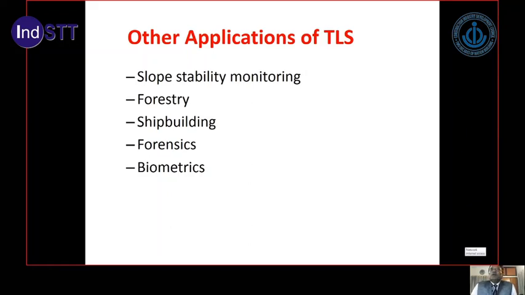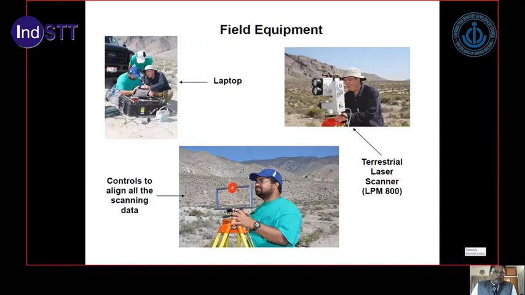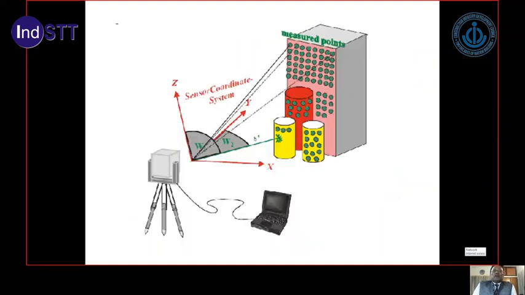Now, how the instrument looks: you can see at the top right the terrestrial laser scanner, and top left is the laptop connected to it, and a power source, and there is a target at the bottom. These are the devices which are required.